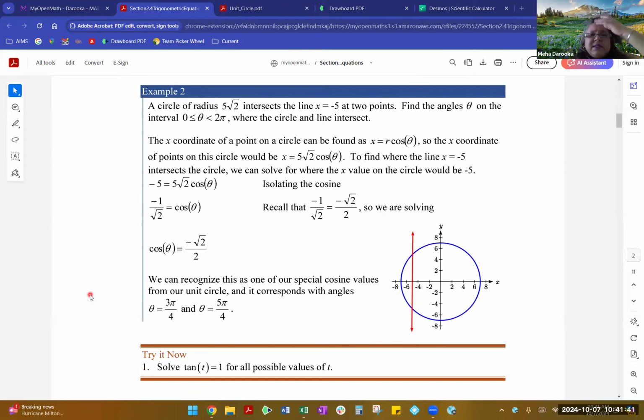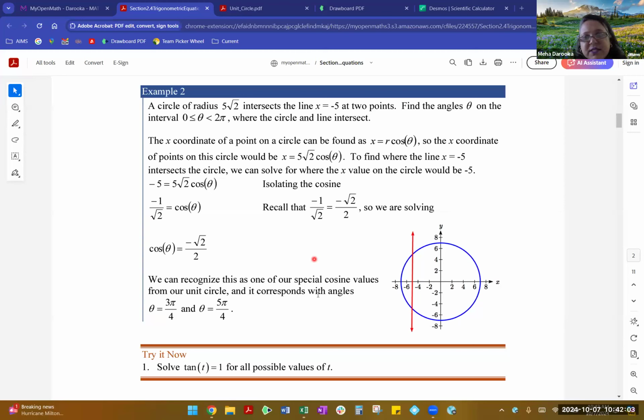This one is saying a circle of radius 5 square root of 2 intersects the line x equals -5, and you can kind of see that illustration at the bottom of that example. They're asking us to find the angles theta in the interval 0 to 2 pi where the circle and the line intersect.